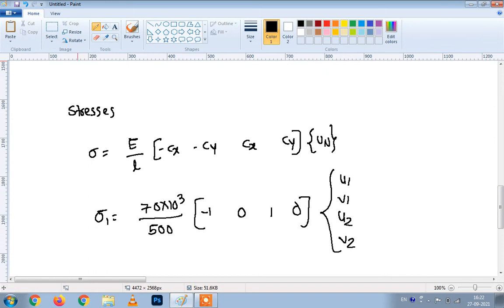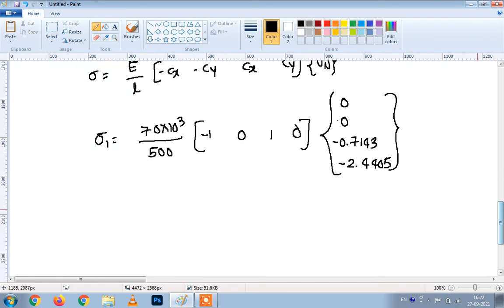So we are putting now the values of U1 V1, U2 V2 here. The value of U1 is 0, V1 is 0, the value of U2 we have calculated, and the value of V2 is minus 2.4405.